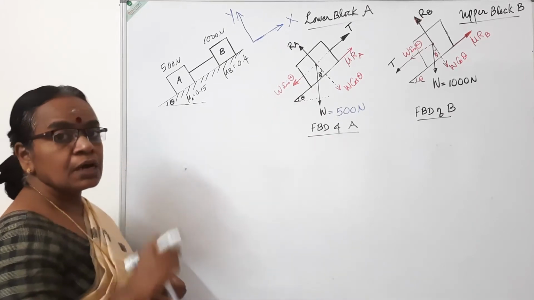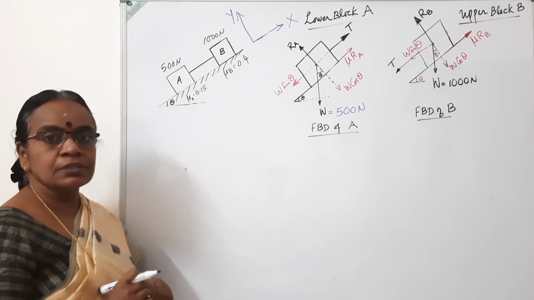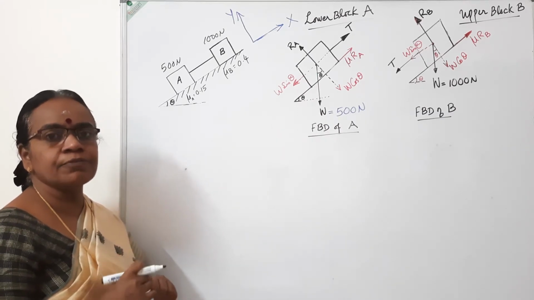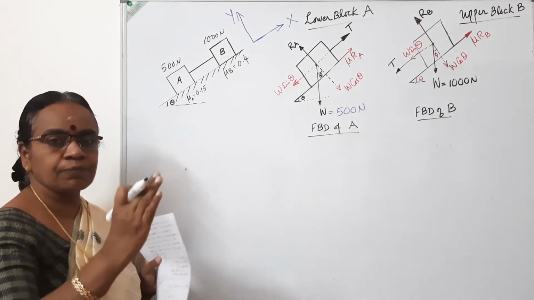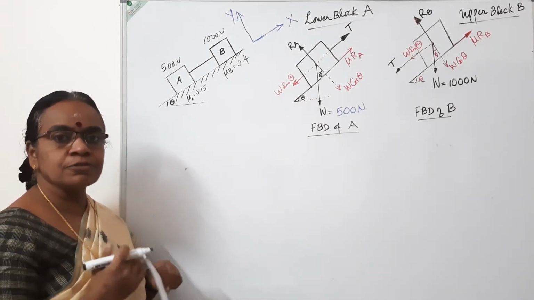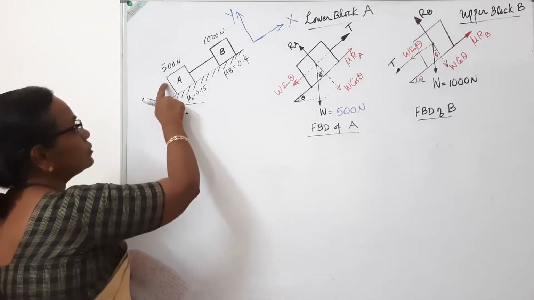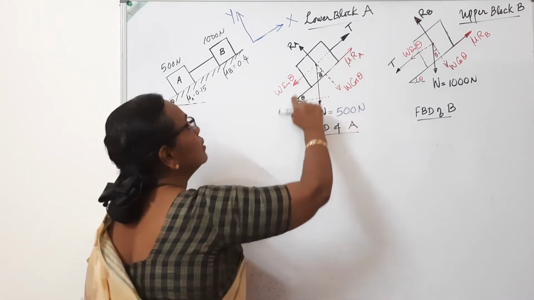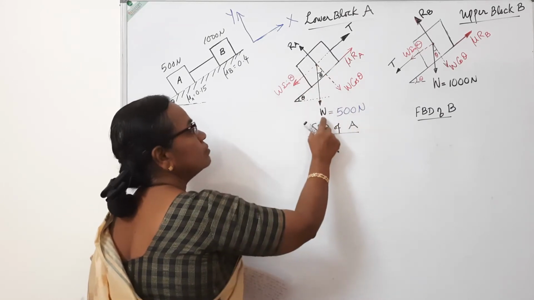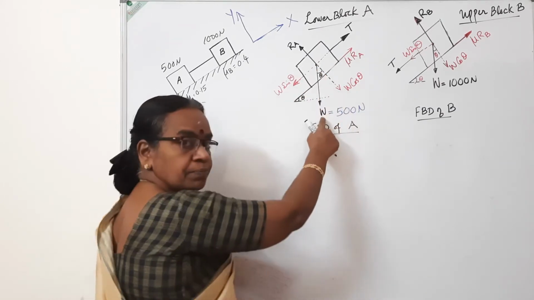As usual, we have to consider the two bodies separately and draw the free body diagrams. Mark all the forces. Isolate each body from the other one and mark the forces acting on them. First, I will consider block A, resting on this inclined plane. Its self-weight is marked vertically in the gravitational direction.